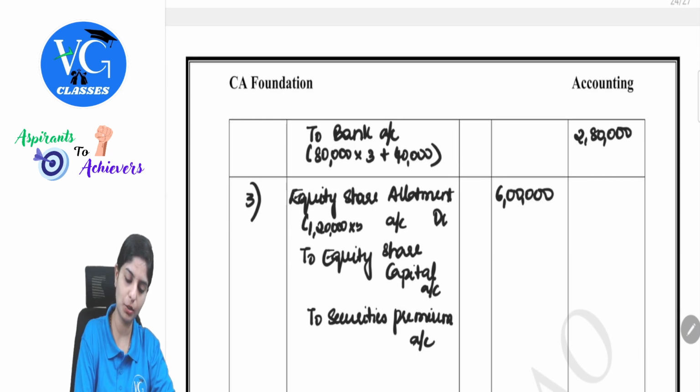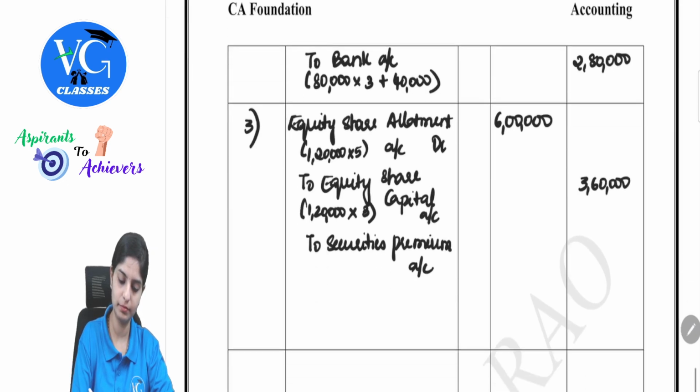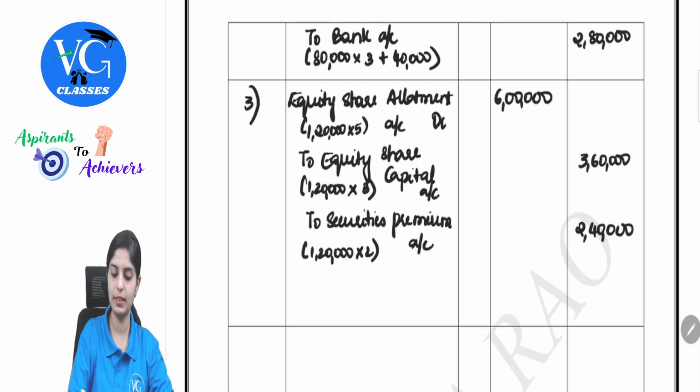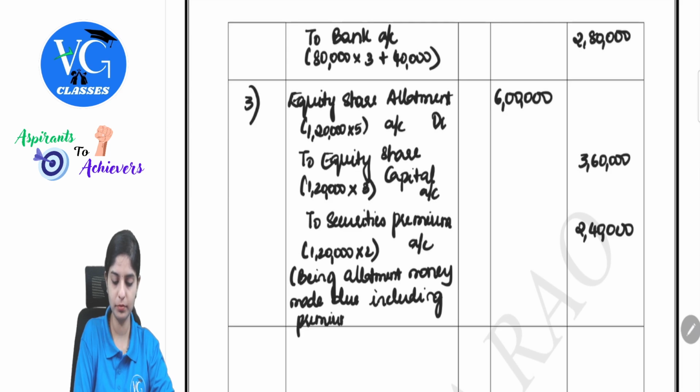This is 1,20,000 into 5. This will be 1,20,000 into 3 rupees, 3,60,000. 1,20,000 into 2, 2,40,000. Is this clear, all of you? Being allotment money made due, including premium of rupees 2 per share.